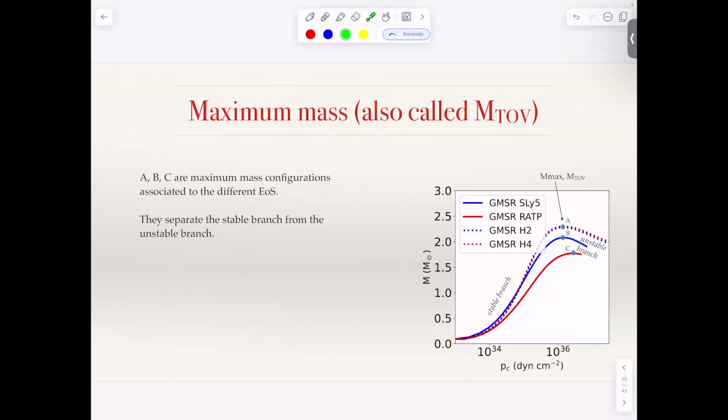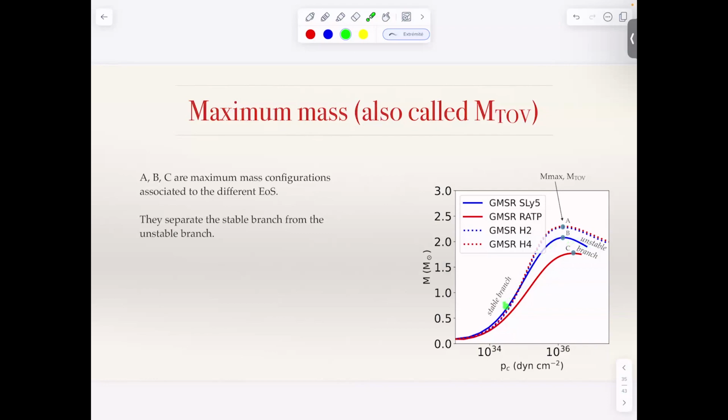And this is also something that we will calculate this afternoon, for a given equation of state: what is the maximum mass. But you see clearly that in order to get the maximum mass, you have to select a set of internal pressures, not only in the stable branch but also in the unstable branch, if you want to localize where the maximum mass is.